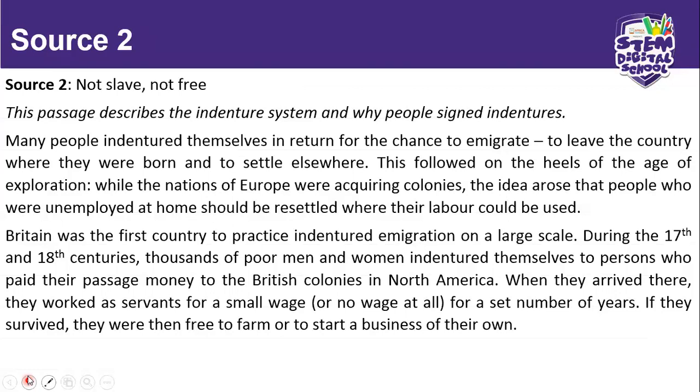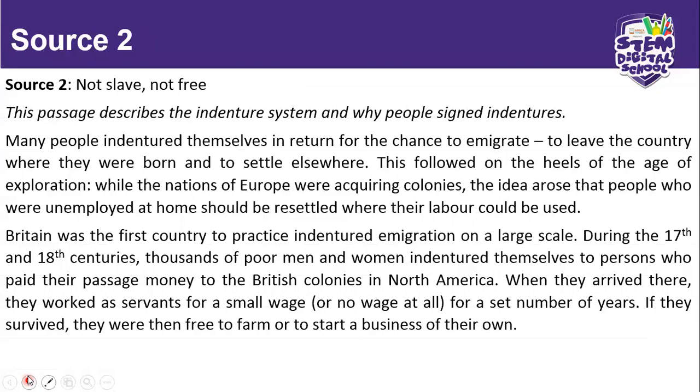Britain was the first country to practice indentured emigration on a large scale. During the 17th and 18th centuries, thousands of poor men and women indentured themselves to persons who paid their passage money to the British colonies in North America.